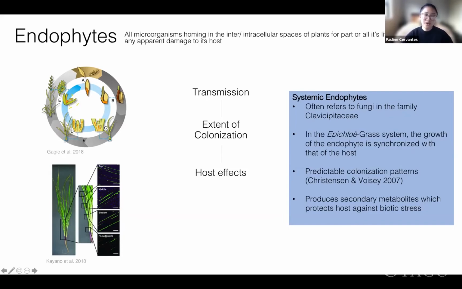And their hyphae are also able to grow into the seeds, so they can be passed on to the progeny and be vertically transmitted. Their effects on their hosts are very well known. They produce secondary metabolites, which help protect the plant against biotic stress, such as damage from insect pests.